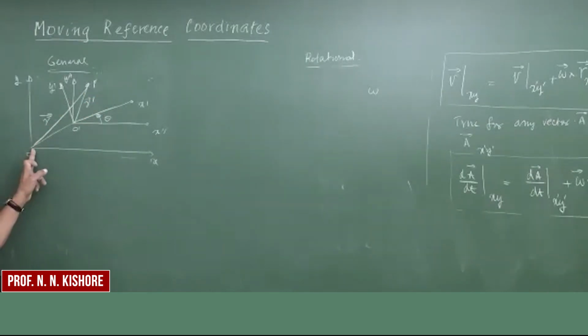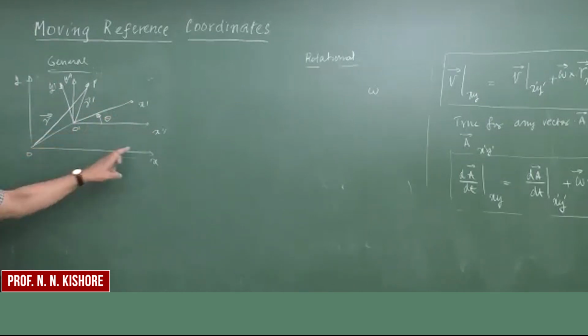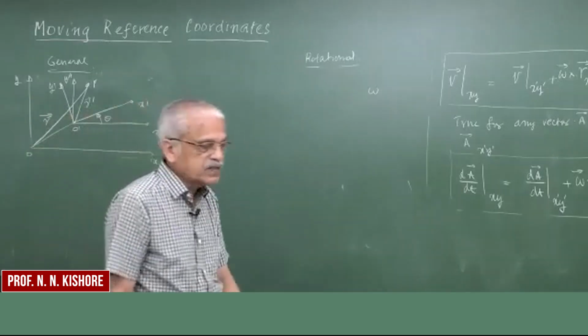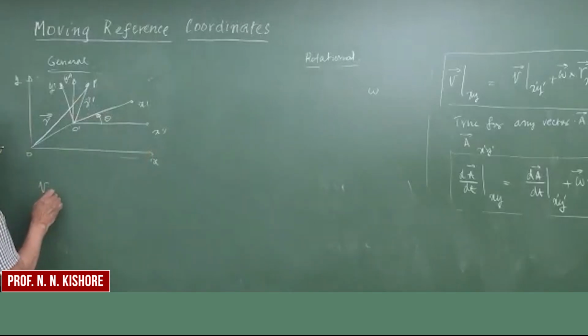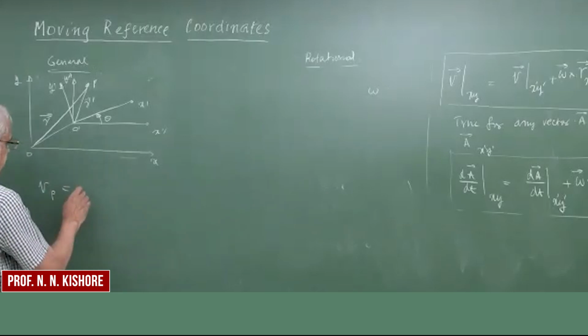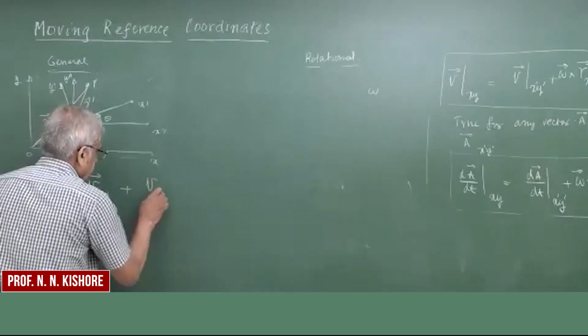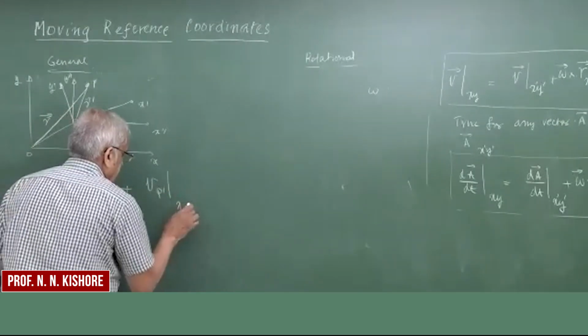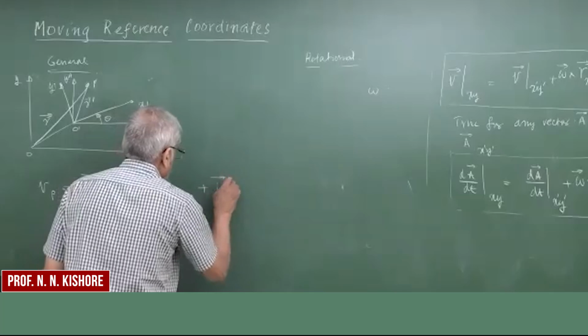P as observed in the fixed frame, while R prime is observed in the X prime, Y prime frame, which is translating with O prime as well as rotating about this parallel axis. So this is nothing but your translation as well as the rotational part. So if you want to have the particle P, then what we need is the V O prime and V P prime as observed in X prime, Y prime, and omega cross.